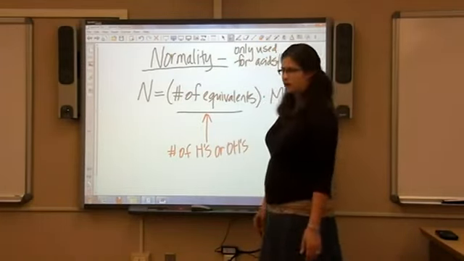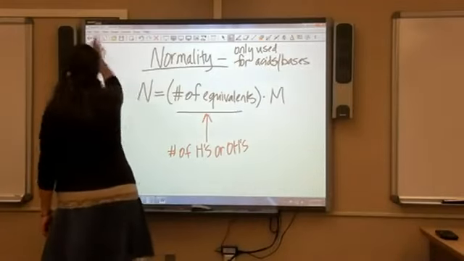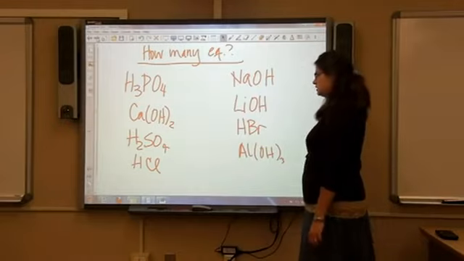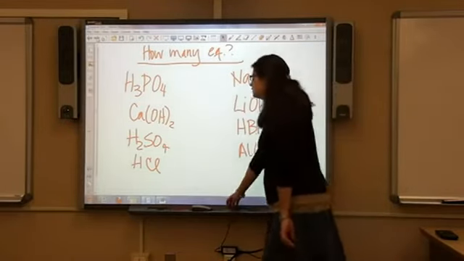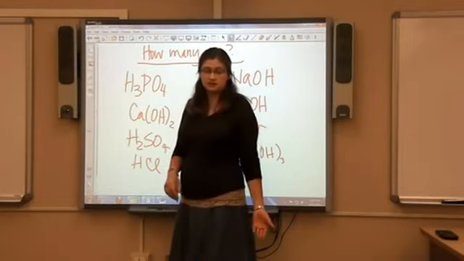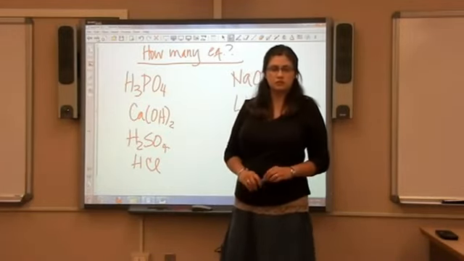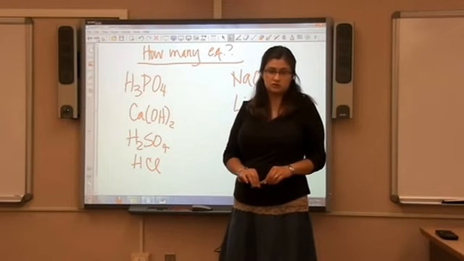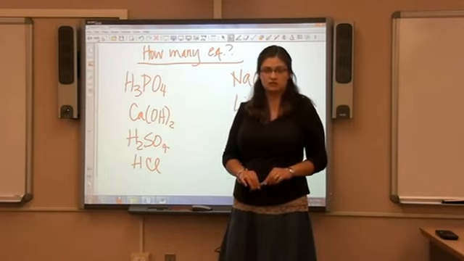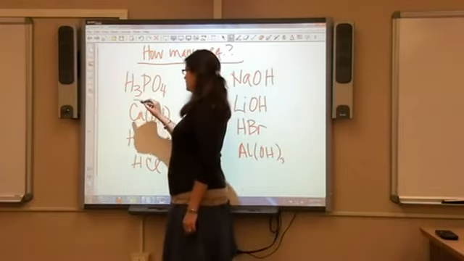Okay, so let's just get some practice doing this. How many equivalents do we have in each of these compounds? Here we have H coming first. That means we have an acid. All you have to do to find the number of equivalents is see how many H's or OH's you have. In this case, for the acid, we'll find how many H's we have. There are 3.